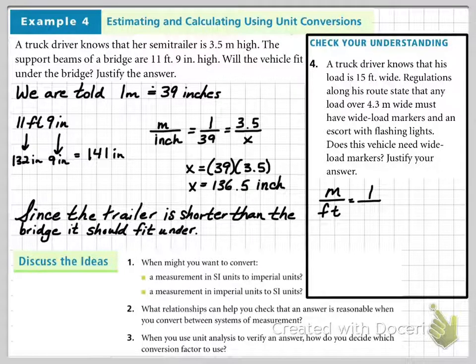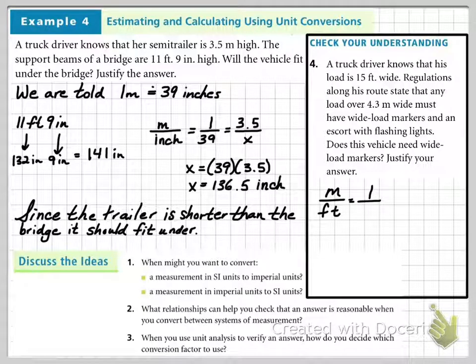In the next one, we're going to have to compare meters to feet, because we have a 4.3 meter wide bridge, or load, and his load is 15 feet wide. Now, he's only allowed a 4.3 meter wide load.